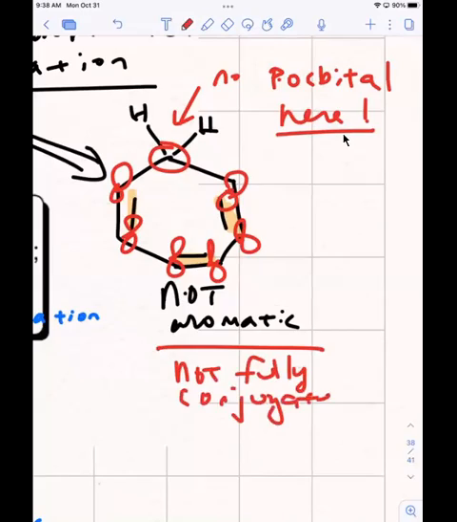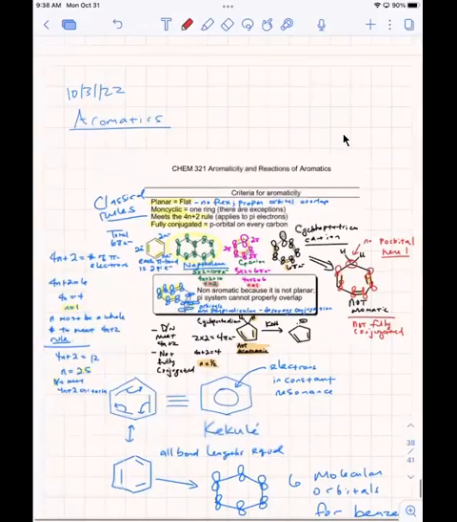So it's not going to be fully conjugated. So knowing the rules for aromaticity is important, because you can look at a molecule and put it through these tests to see whether or not it's aromatic.